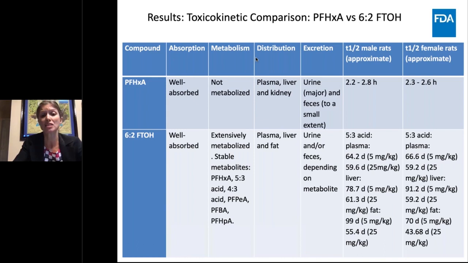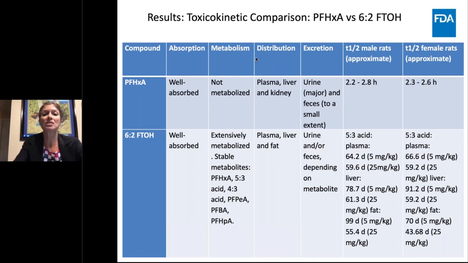The stable metabolites include perfluorohexanoate, but there are others, including the 5,3 acid, the 4,3 acid, and other carboxylates. Distribution for perfluorohexanoate is very similar to PFOA: plasma, liver, kidney, whereas the 6,2-fluorotelomer goes into fat too. Excretion: urine is the major route of excretion for perfluorohexanoate, but with the fluorotelomer, it is also excreted in feces, depending upon the metabolite.